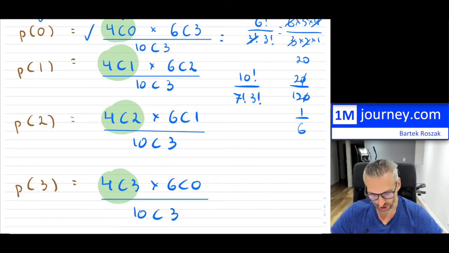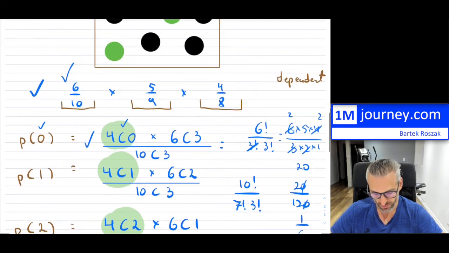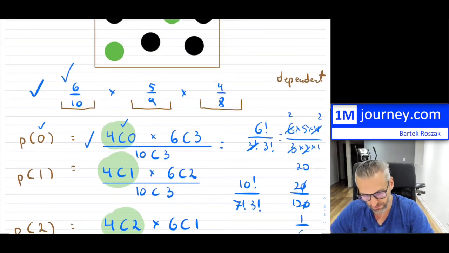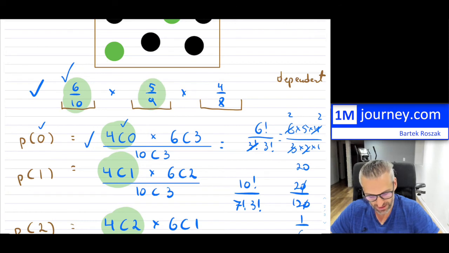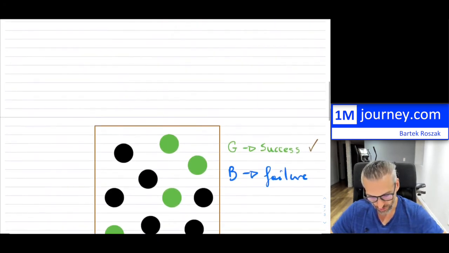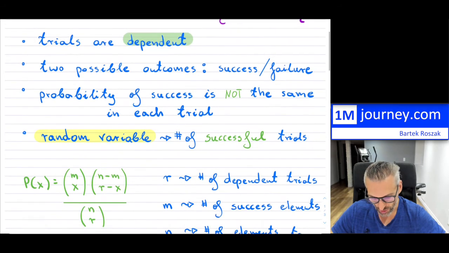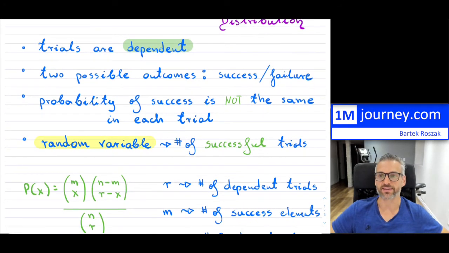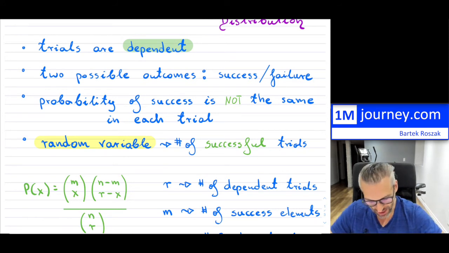So bringing all of this back to this distribution, you can hopefully appreciate that these trials are dependent. The probability does change on each trial. That is a little bit different than before. If I scroll back up here, the trials are dependent. Now, we can pick how many we're going to have, the total number of dependent trials.